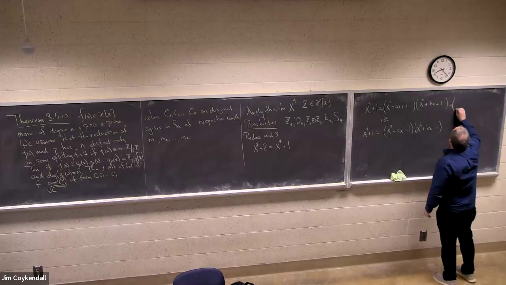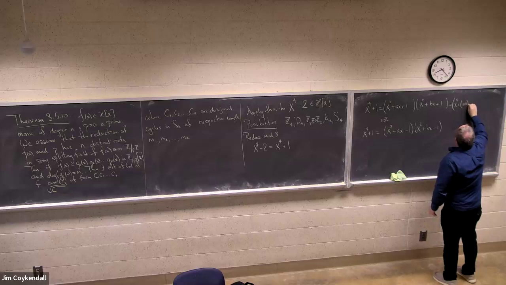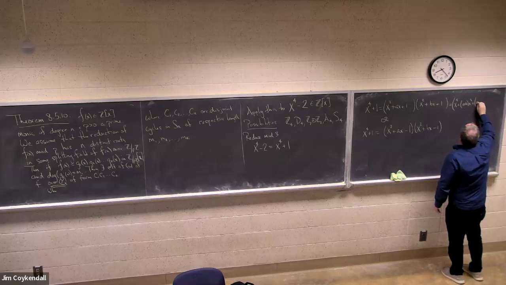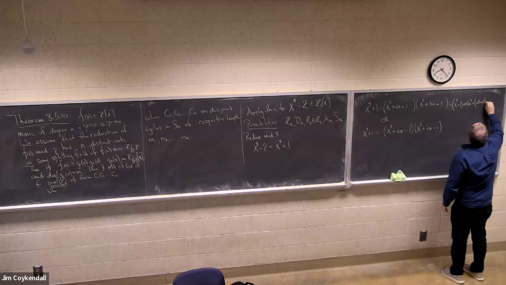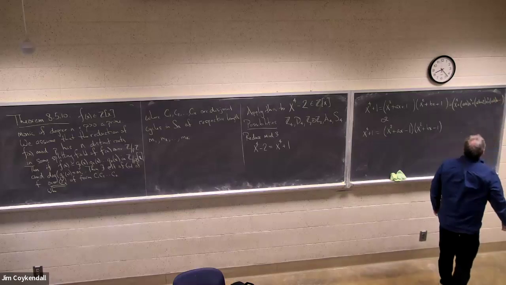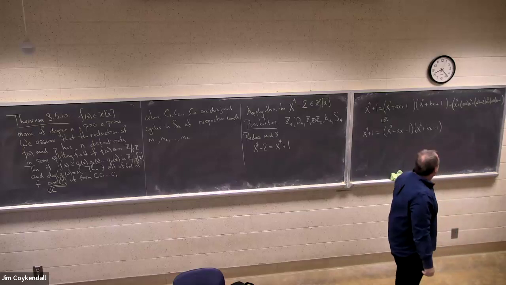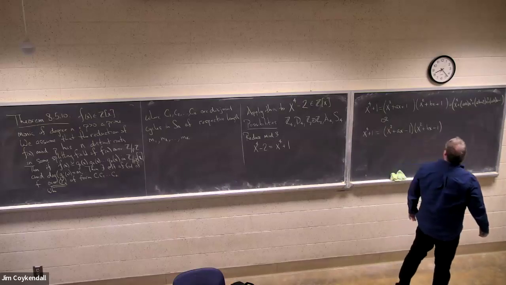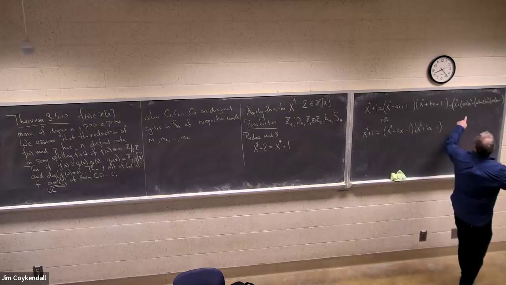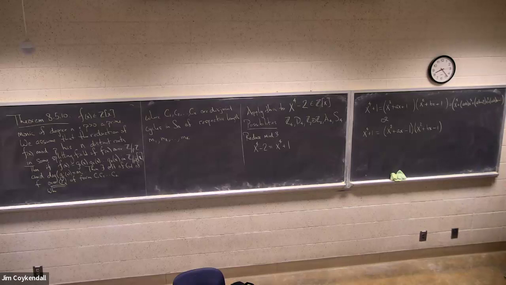So let's see what happens here. If I put this one back together, I get x to the 4th, plus (a plus b) x cubed, plus (ab plus 2) x squared, plus (a plus b) x, plus 1. I'll multiply that out. Okay. Notice that, of course, the cubic and the linear term are the same. That's good.